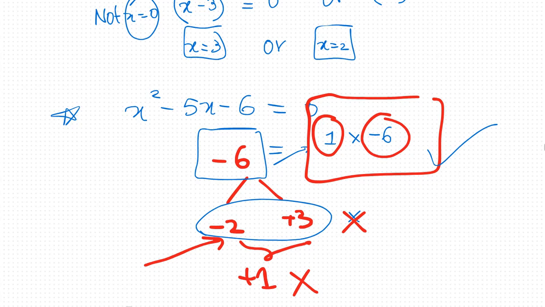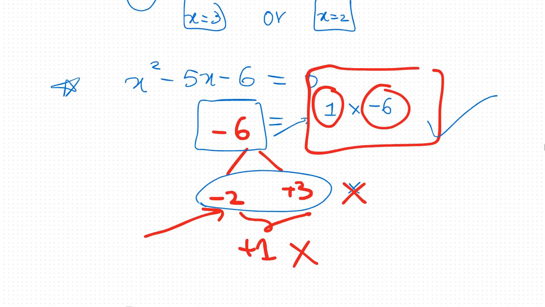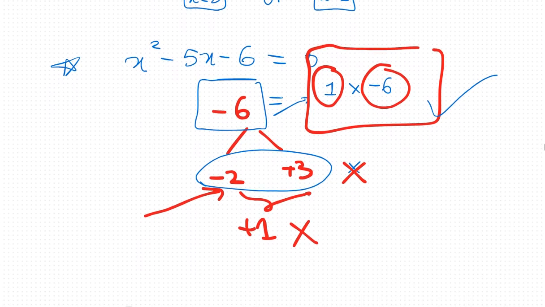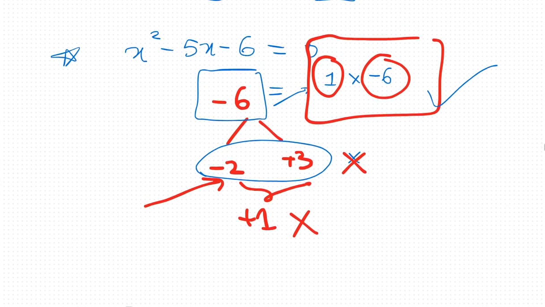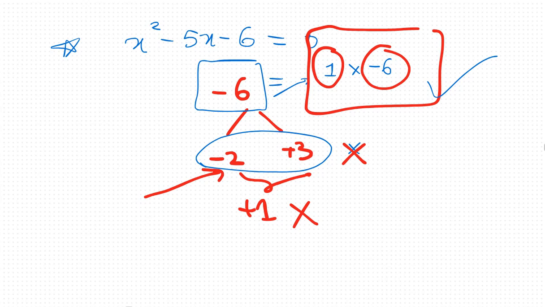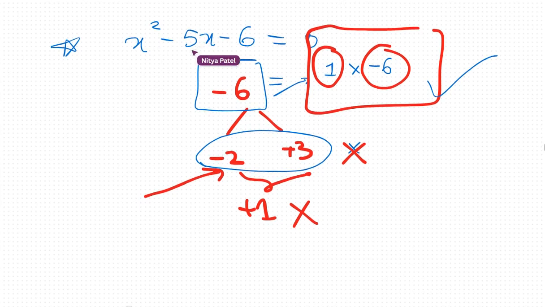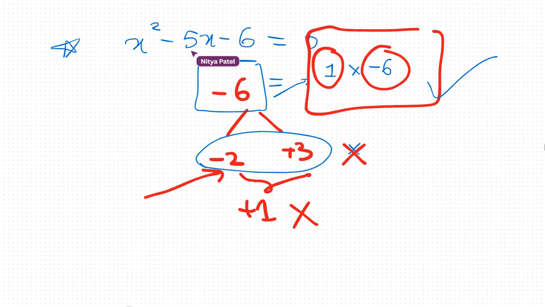But 1 times -6 is -6, so how is it going to equal -5? These two numbers which you got, when you add them, you get -5.